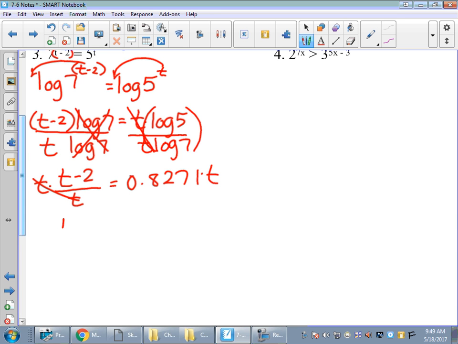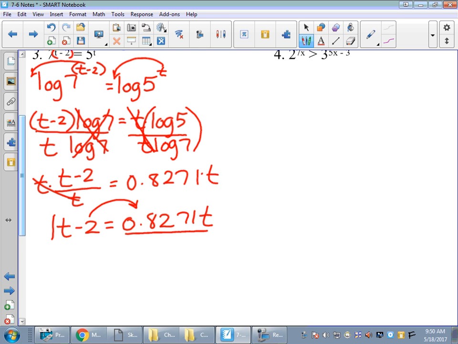So now what I have is t take away 2 is equal to this many, 0.8271 t's. So to get how much my t value is, I need to subtract this amount from this 1t and then bring over the 2.